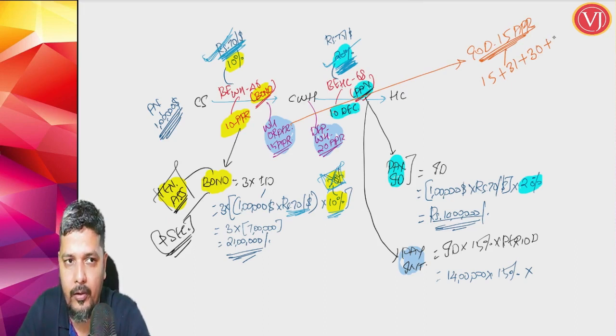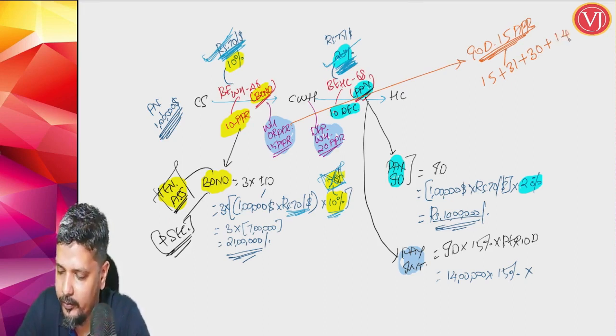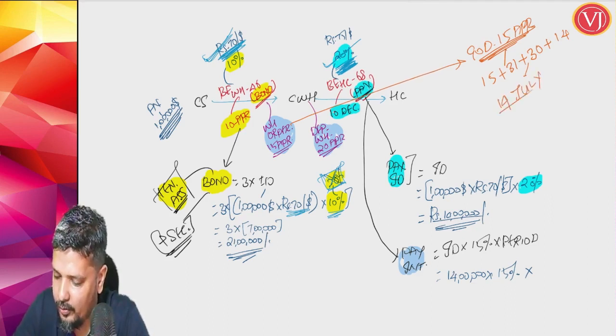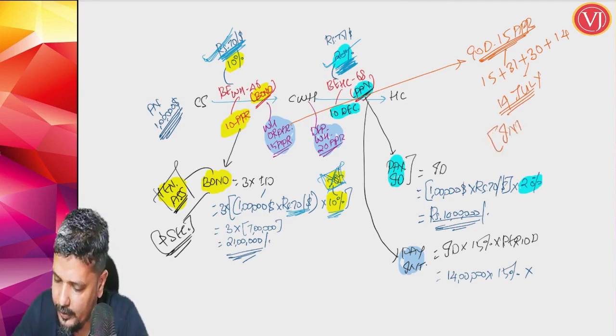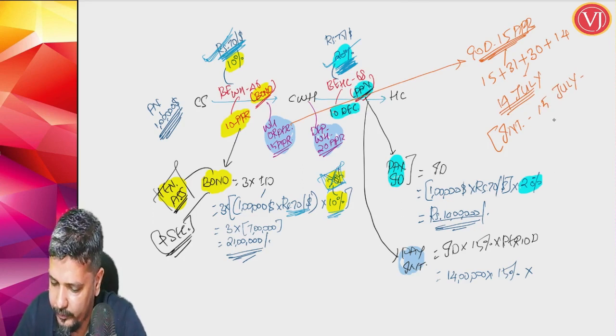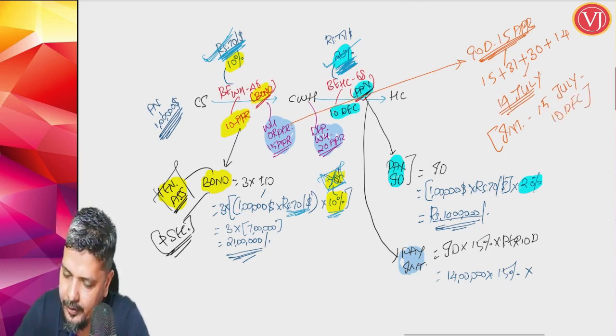We are going to wait only till 90 days. So July 14. So your 90 days gets over on 14th of July. So interest will start from 15th July till 10th December.